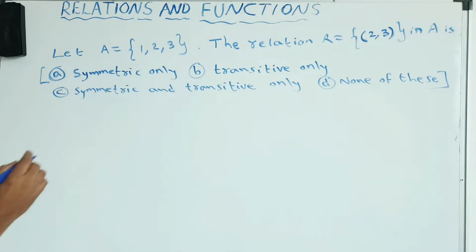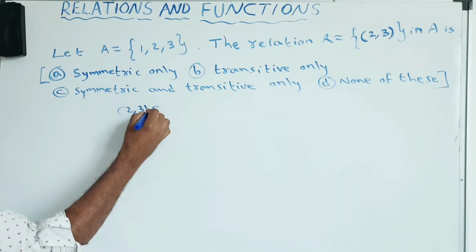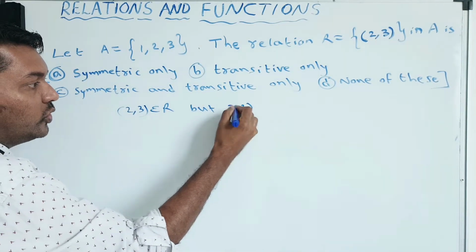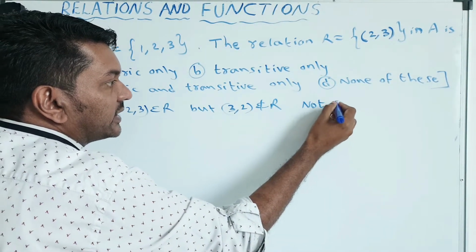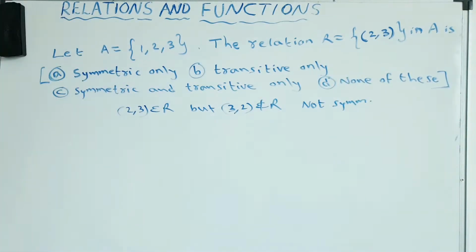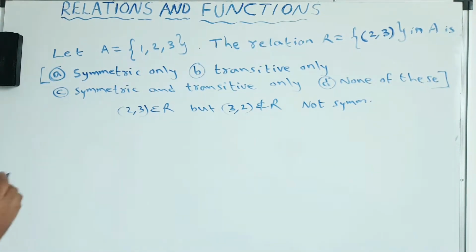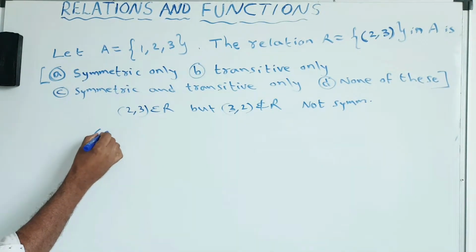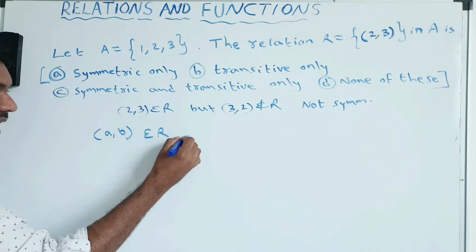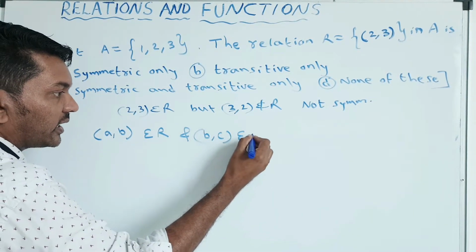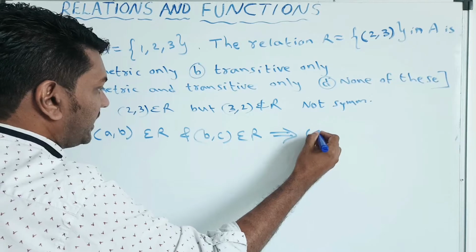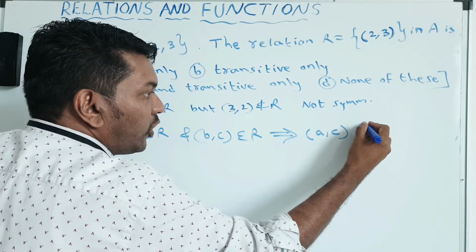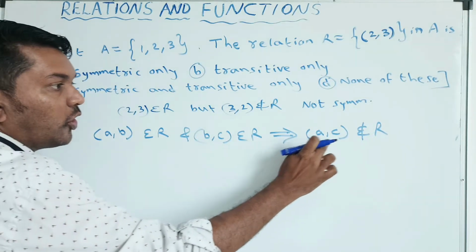Now checking symmetric. (2, 3) is belonging to R, but (3, 2) doesn't belong to R. Therefore you can say it is not symmetric relation. Now we will see whether this relation is transitive or not. What is transitive relation? If (a, b) belongs to R and (b, c) belongs to R, and if you are getting (a, c) is not an element of R, then it is not transitive.